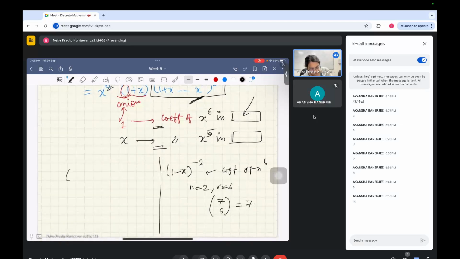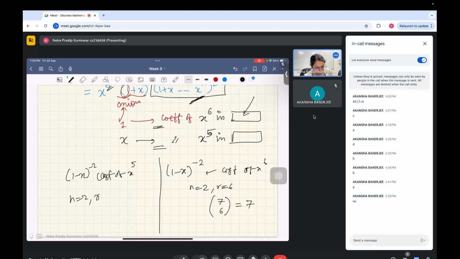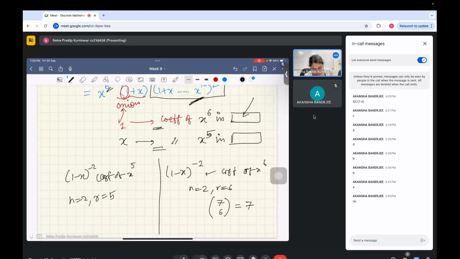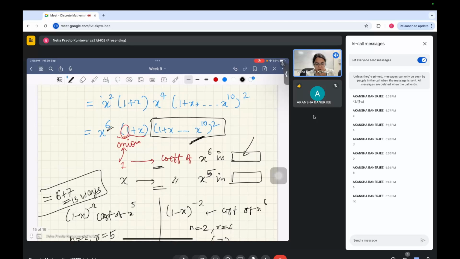And for the coefficient of x to the 5, n is 2, r is 5, so 6 choose 5, which is 6. So you can do this in 6 plus 7, which is 13 ways. Do you agree with this, or is there a problem? Okay, good.